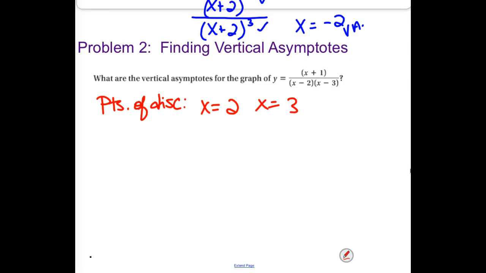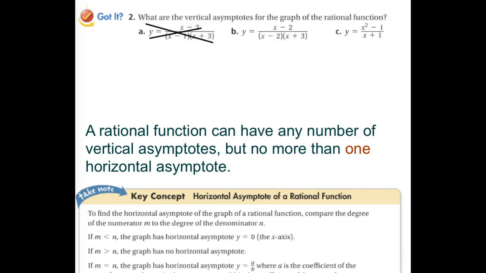Okay, so they are both vertical asymptotes. Non-removable. All right, our second one. X minus 2 divided by the quantities x minus 2 and x plus 3. What are the points of discontinuity?